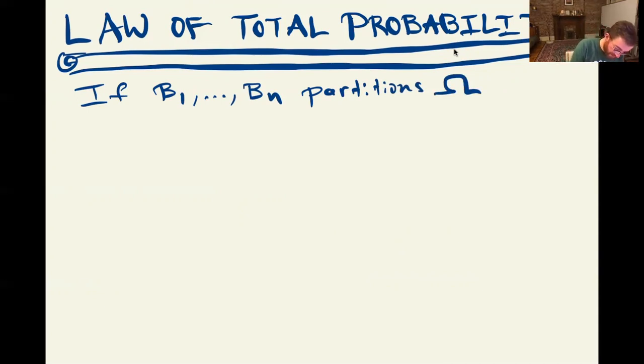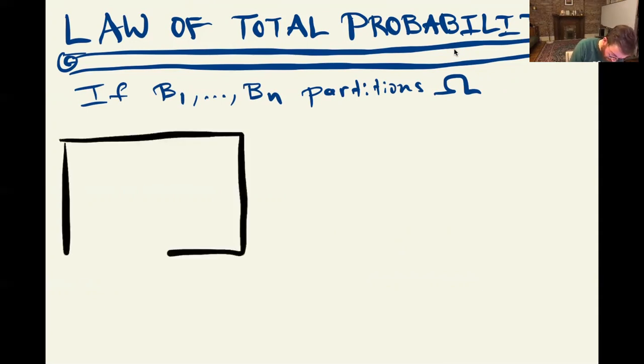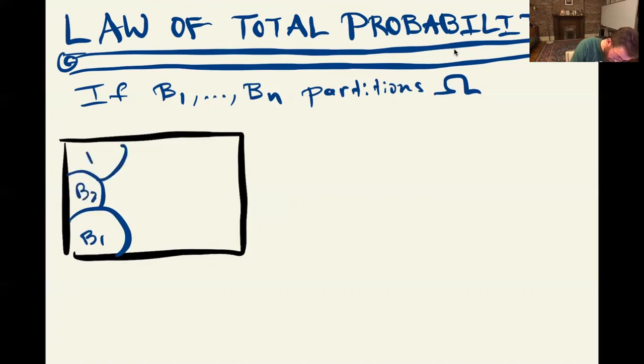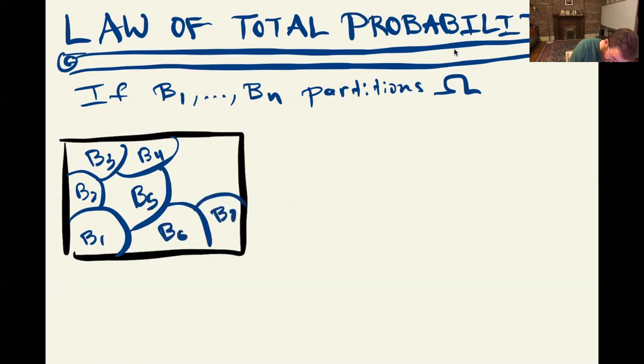So the picture you want to have is something like this. B4, B5, B6, B7, B8, B9, and so on and so forth.